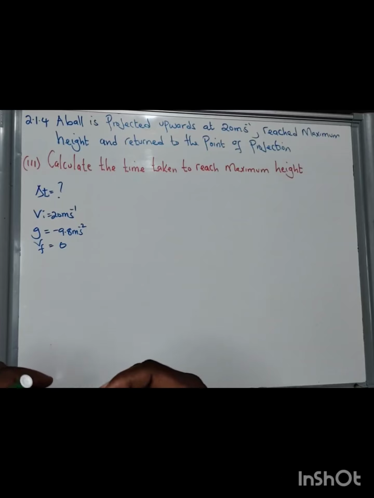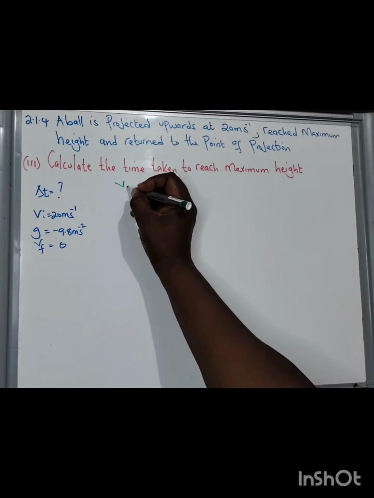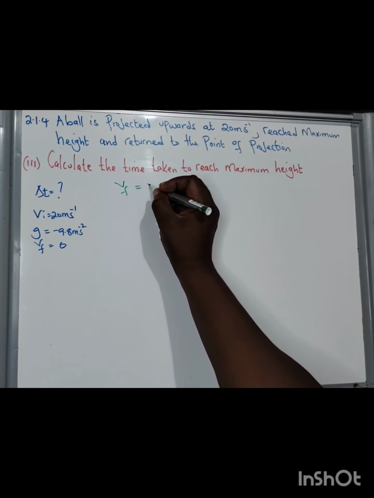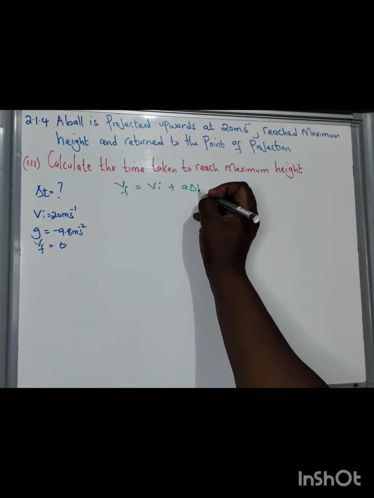VF is 0. So this is the information you have. This information leads you to what equation? It leads you to VF equals VI plus A delta T.